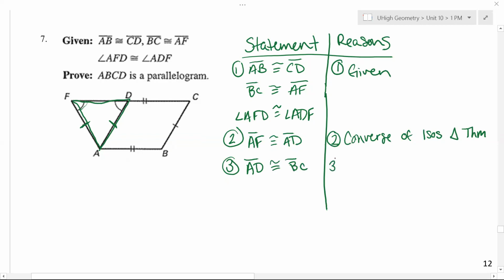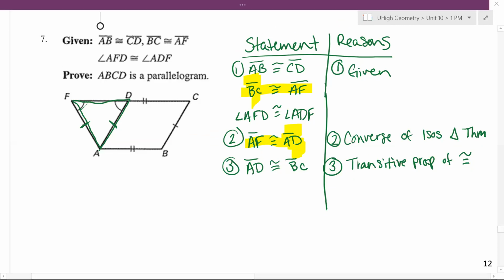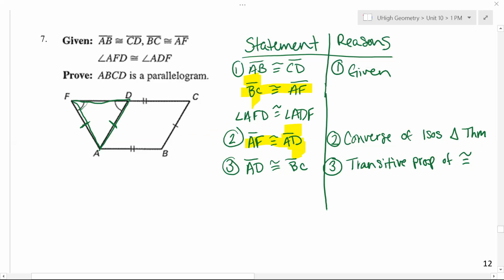And my reason number 3 for this one is going to be the transitive property of congruence. If we take a look here, I have that BC is congruent to AF, and AF is congruent to AD. So I know that AD is congruent to BC. I have that connection in the middle.